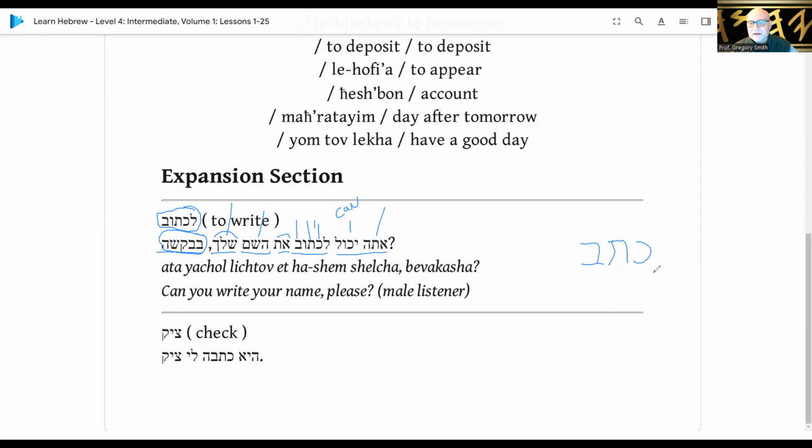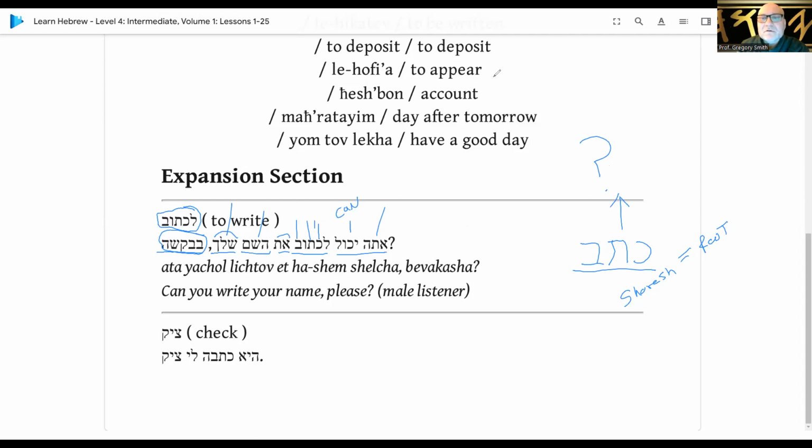Okay, so that would be like the shoresh, the root. And there are hundreds of variations that come off of that root. But the basic liktov is to write. The root, though, the shoresh, would be like katav right here.